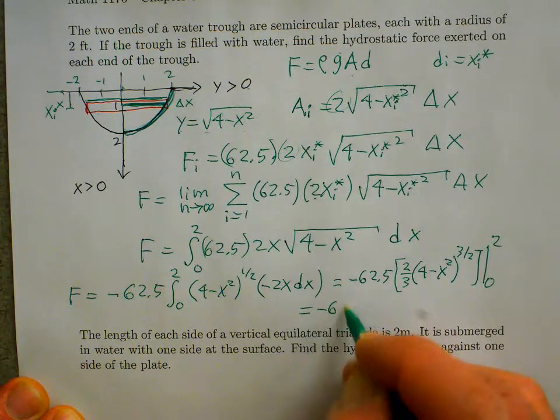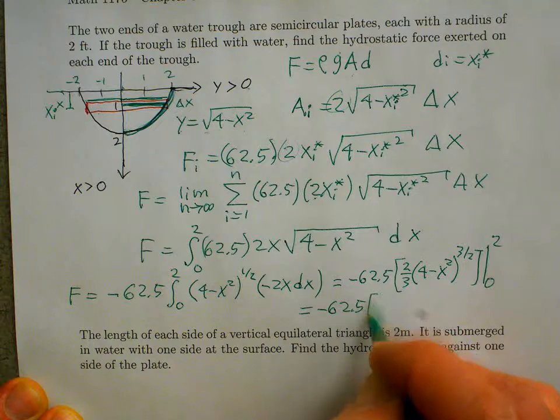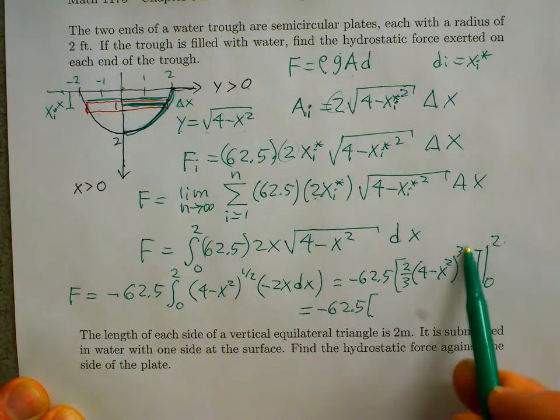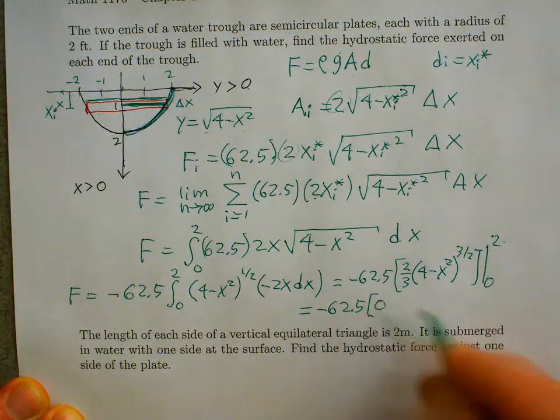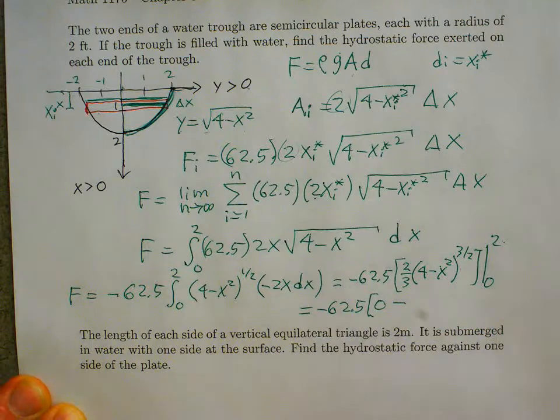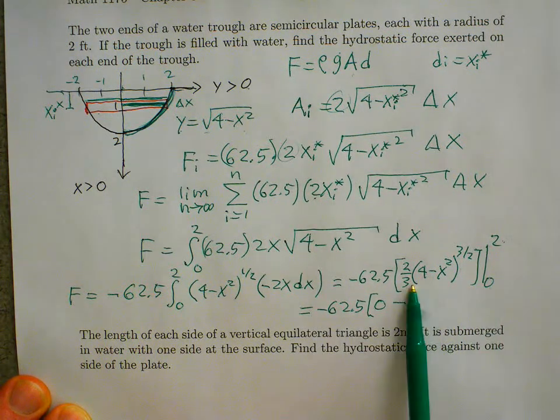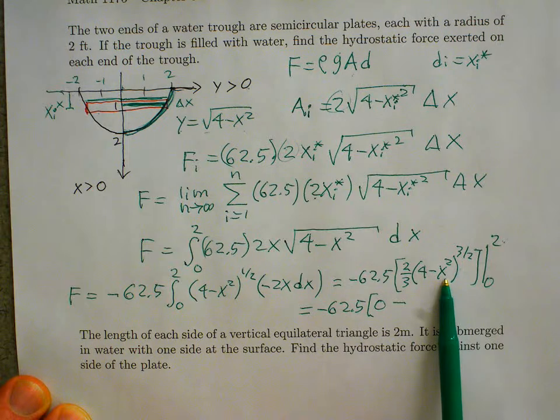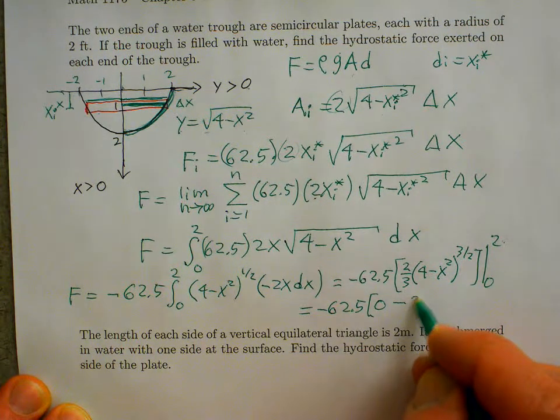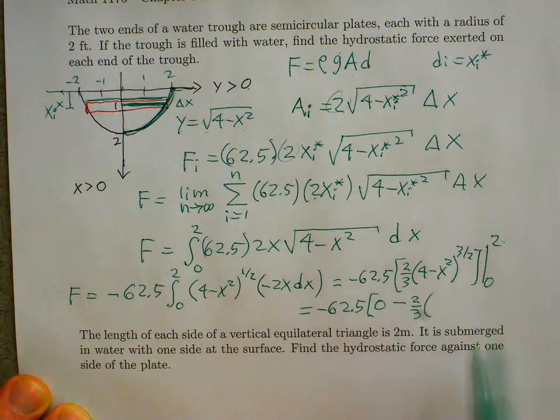So negative 62.5, evaluated at the upper limit, we get 0, and then we're going to subtract the antiderivative evaluated at 0. So this is minus 2/3 times 4 to the 3/2, which is 8.